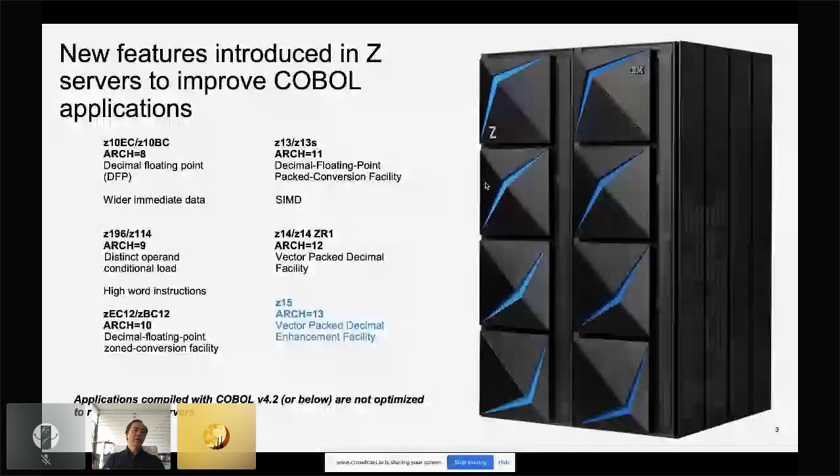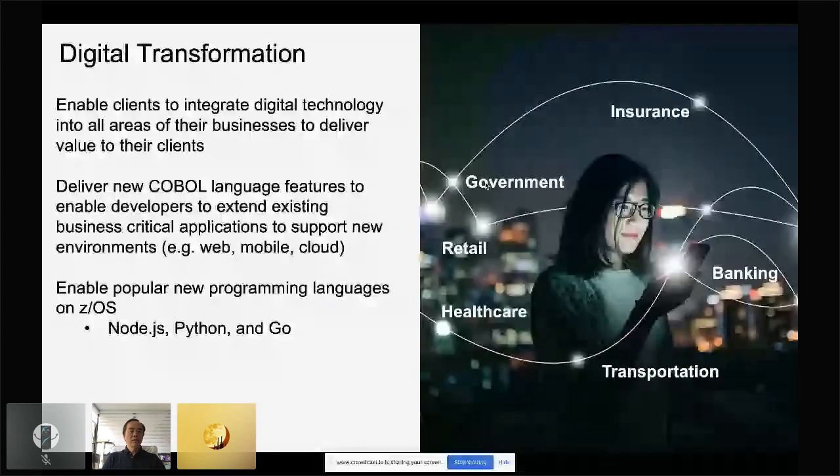So another aspect is, we know that a lot of customers are digitizing their businesses, right? To bring the application closer to their customers. So digital transformation is something that is front and center in our strategy. And we do it in two ways, right?